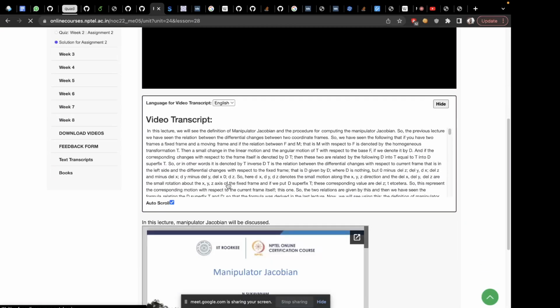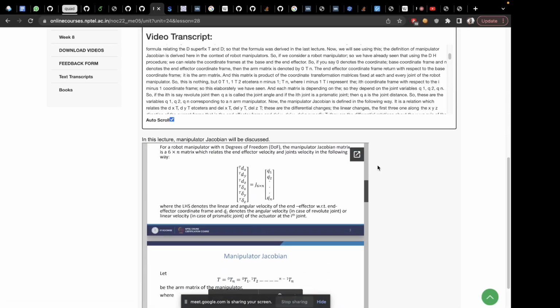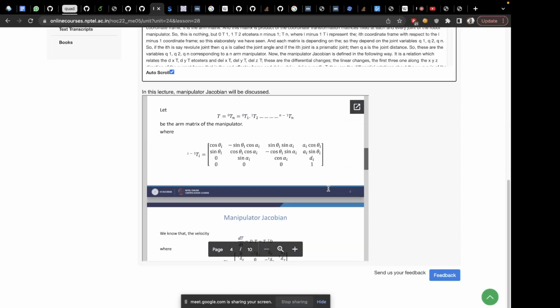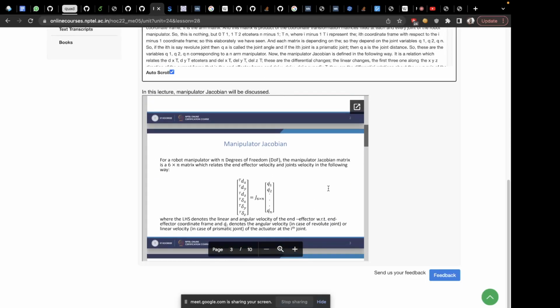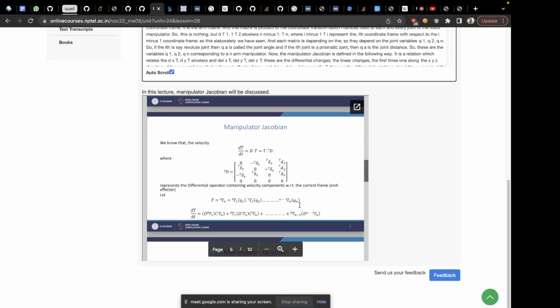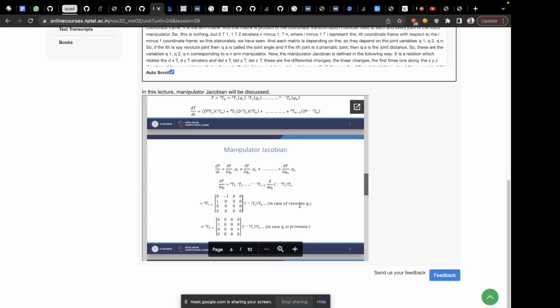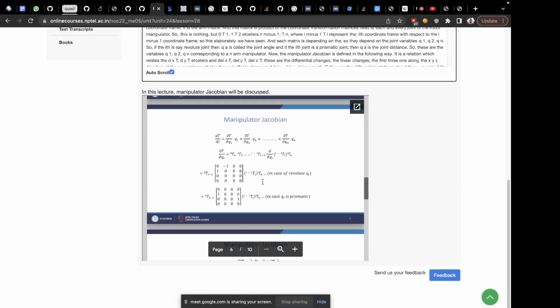If you could scroll to 13.48, there's a PDF here, so it might be here also. Okay, sir, it's slide number 6. Yes, sir, this one. Could you just glance through?